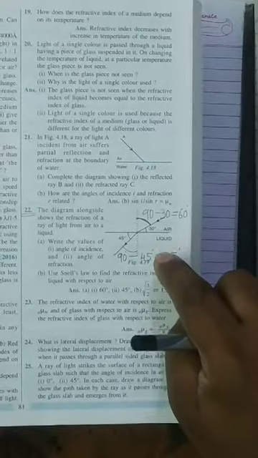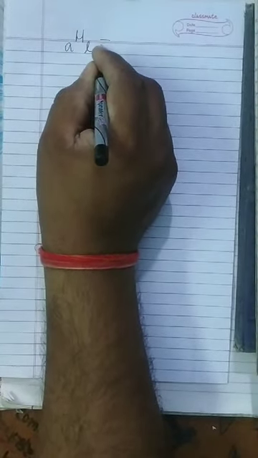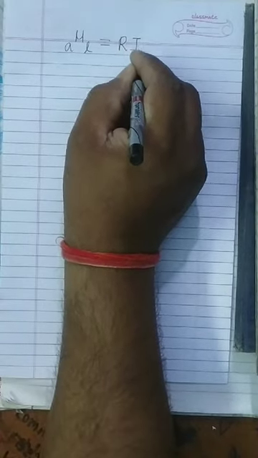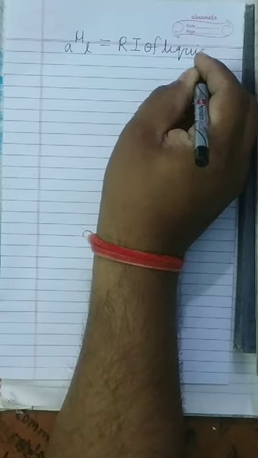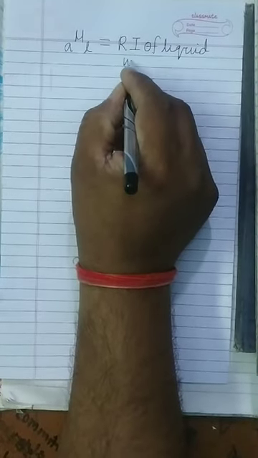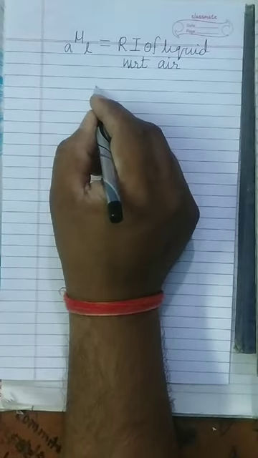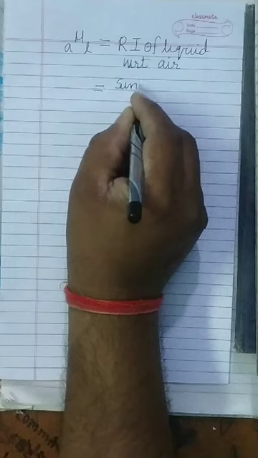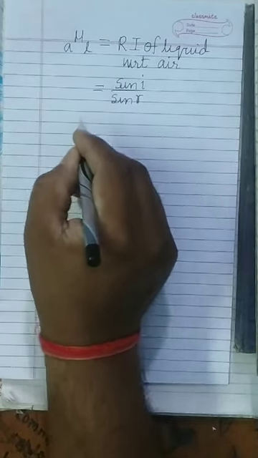So for refractive index, where is it moving from and to? It is moving from air to liquid. So what will you write? A mu L, which means refractive index of liquid with respect to air. It's clear. This will be equal to sine of angle of incidence upon sine of angle of refraction.